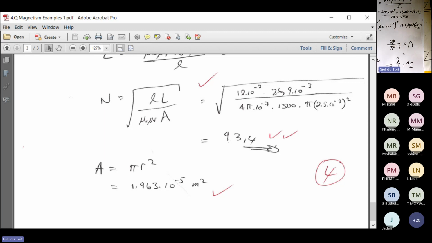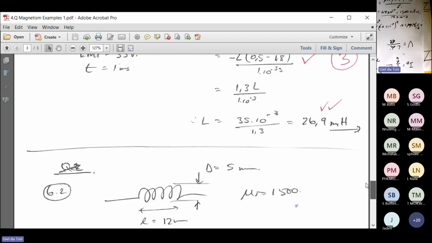The turns will never be that much, so it's 93. We just roughly want to know, maybe we've got to calculate how big to make a coil. We want to make a coil for something like this, and we calculated that, so we use 93, the closest number. So that will be your number of turns that you must use for this problem.